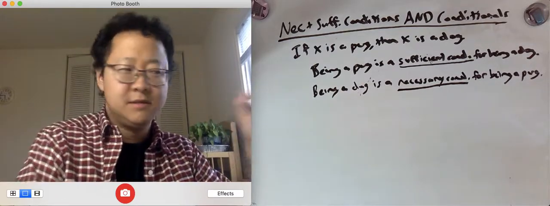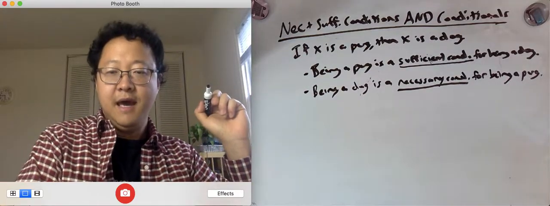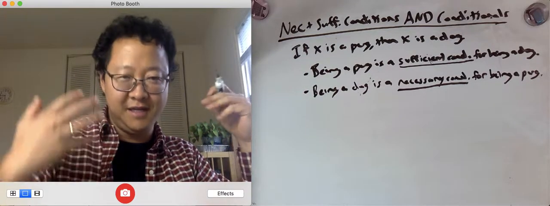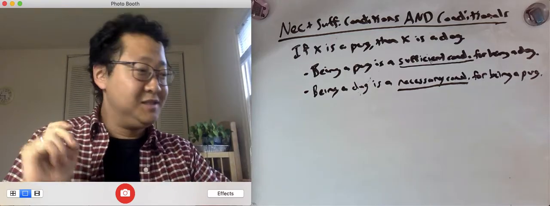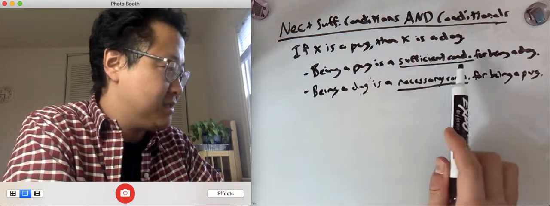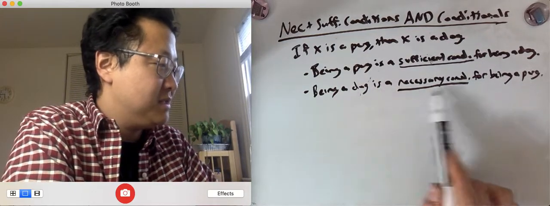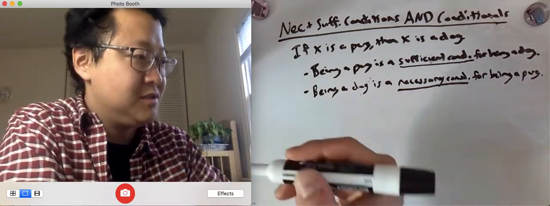Okay, so I hope that makes sense. And you can kind of see how these are equivalent and kind of get this jogging around in your brain. So these are all true statements. If something is a pug, then it's a dog. Being a pug is a sufficient condition for being a dog. Being a dog is a necessary condition for being a pug. They're all true statements, so they're all true.